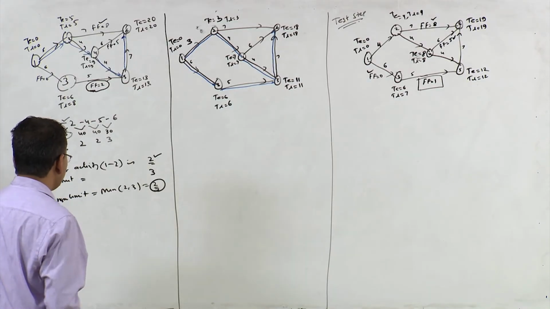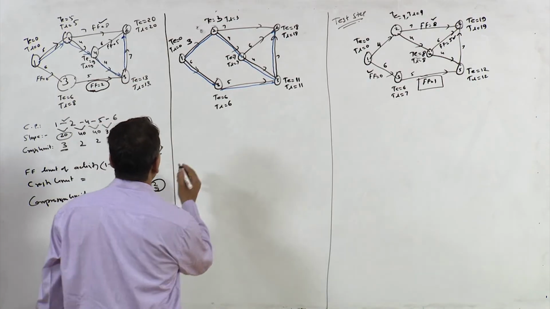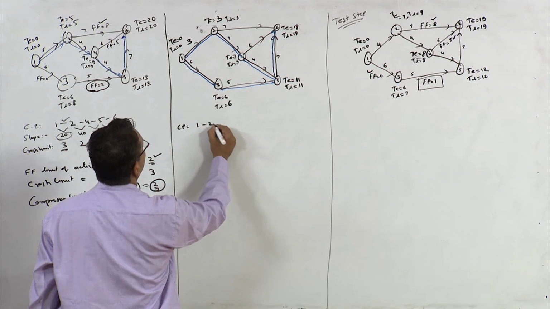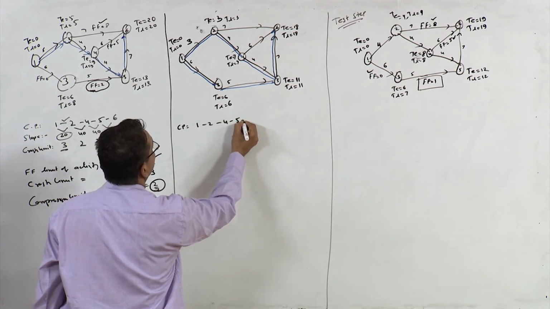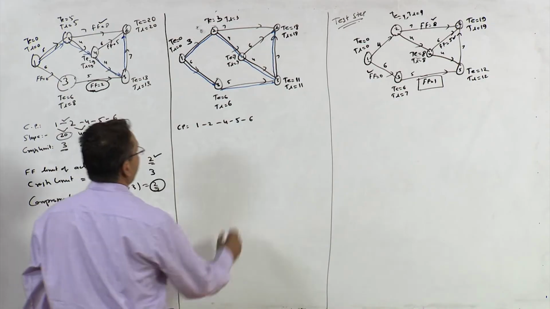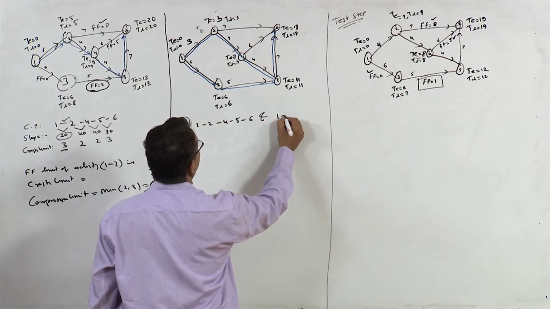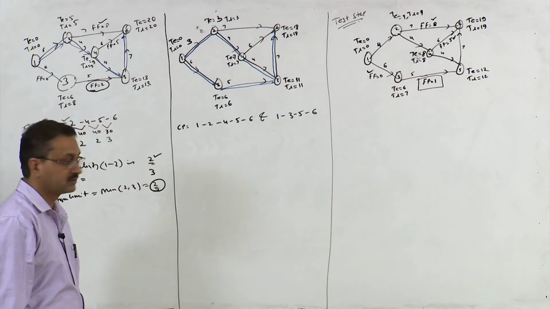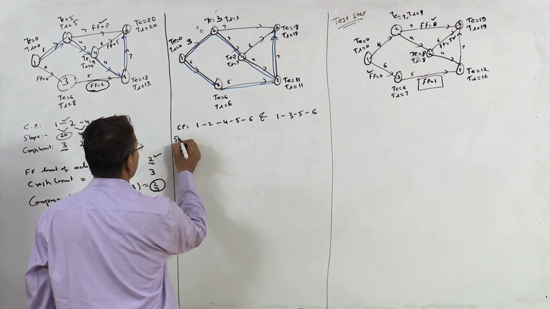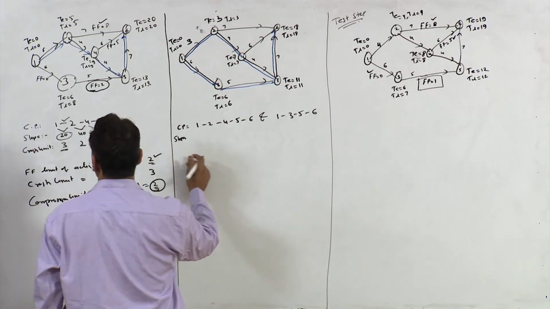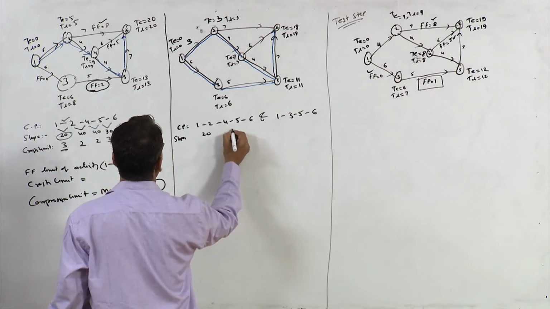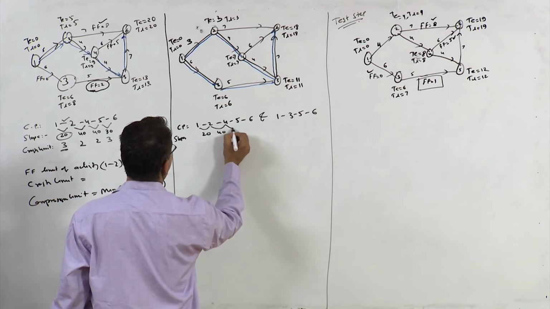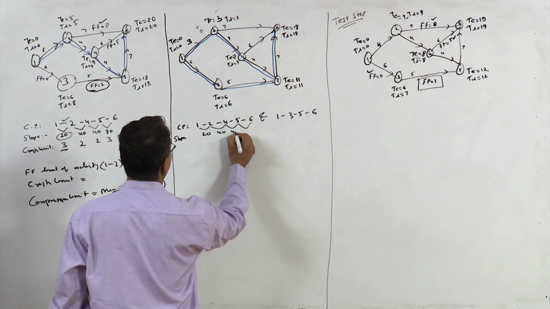Since we have got 2 critical paths, you have 1, 2, 4, 5 and 6, and 1, 3, 5 and 6. We know the slopes already, so 20, then 40, then 40, 30.